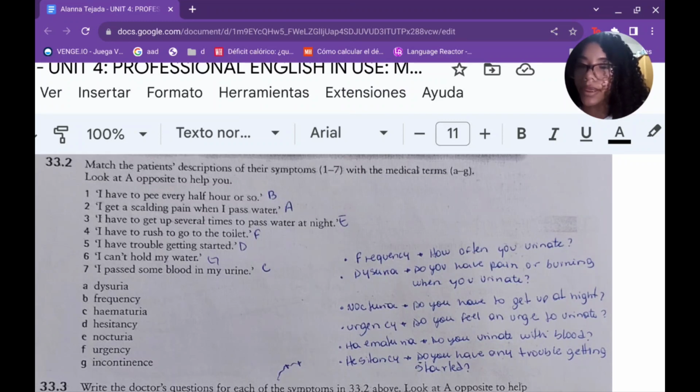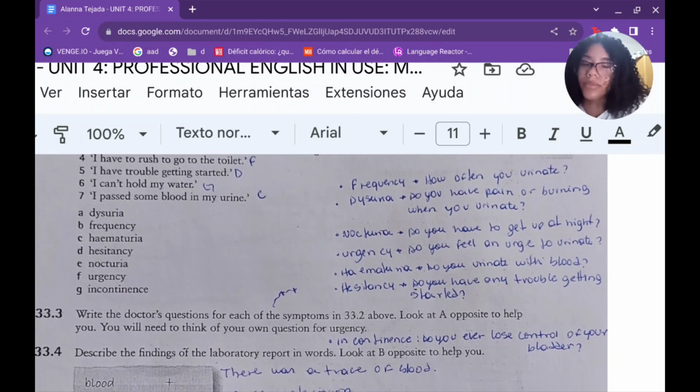I have to get up several times to pass water at night. Nocturia. 4. I have to rush to go to the toilet. Urgency. 5. I have trouble getting started. Hesitancy. 6. I can't hold my water. Incontinence. 7. I pass some blood in my urine. Hematuria.